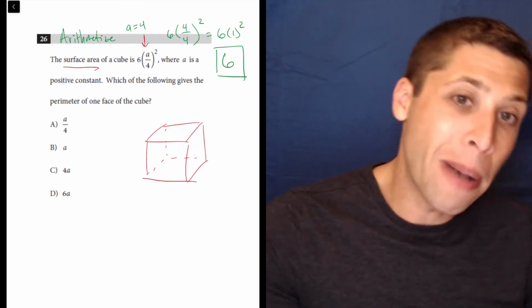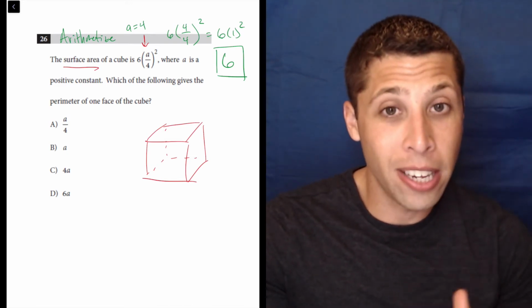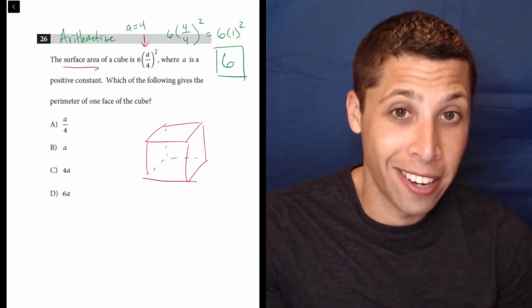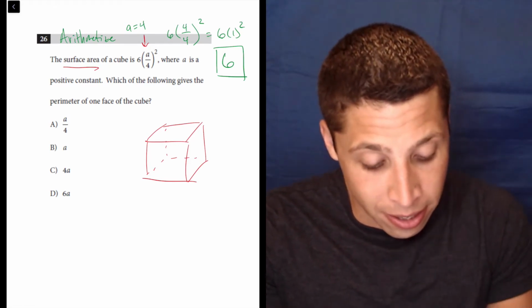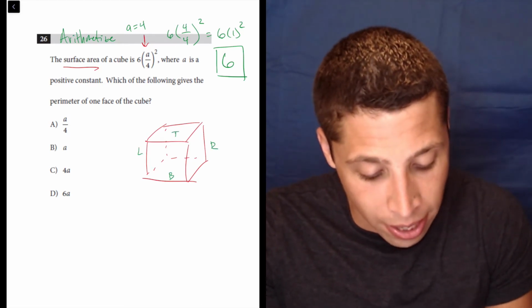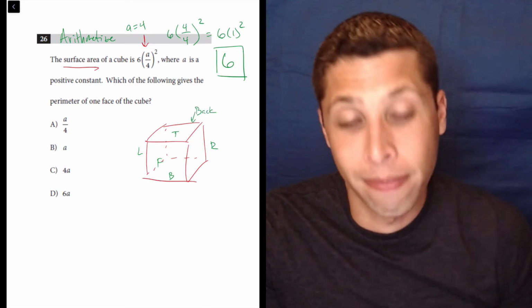But now think about what that means. That means the sum of the areas of all the faces of the cube is 6. And a cube has 6 faces, right? The top and bottom, the left and the right, and the front and the back.